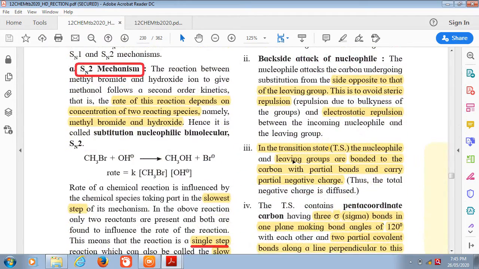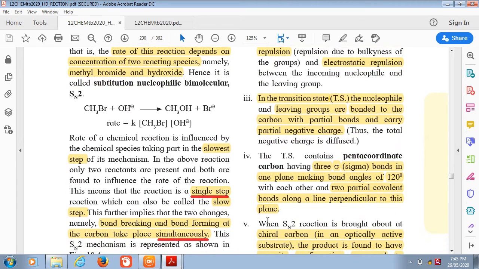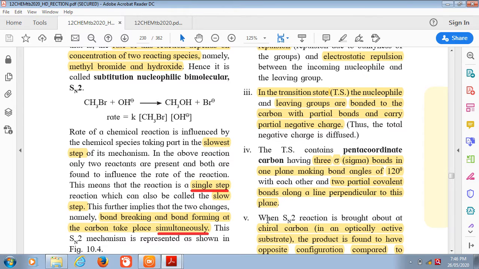So this transition state contains a penta-coordinated carbon having 3 sigma bonds in one plane, making a bond angle of 120 degrees. They are carbon-hydrogen bonds, and 2 partial covalent bonds, that is C-Br and C-OH. These bonds lie along a line perpendicular to the above plane.